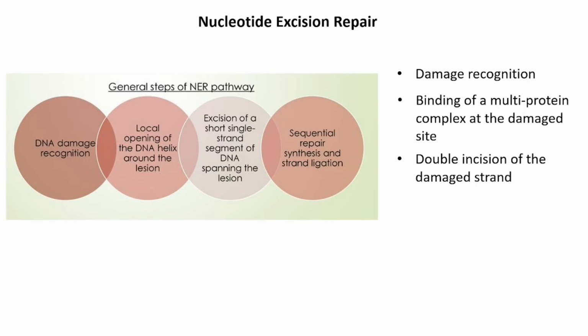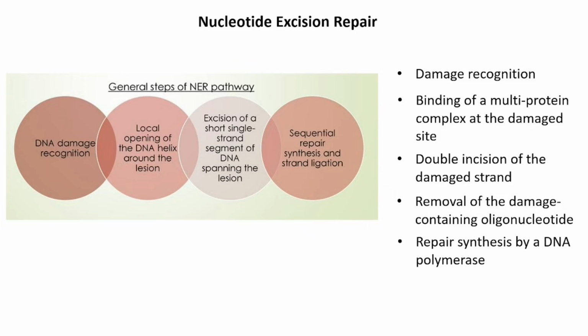This is followed by removal of the damage containing oligonucleotide from between the two nicks, followed by repair synthesis by a DNA polymerase, and at the end there is ligation by DNA ligase.